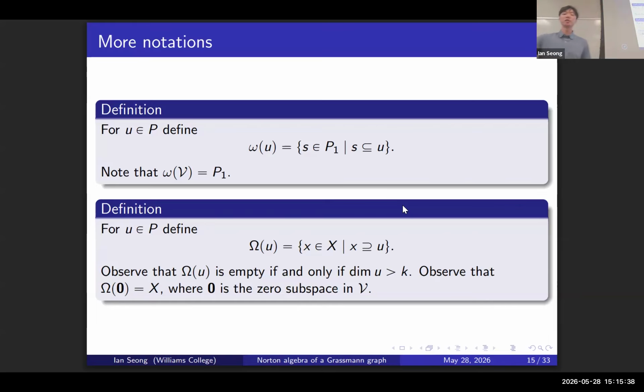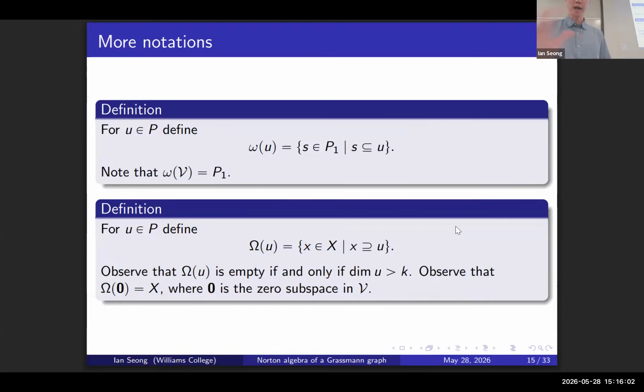Now the capital Omega of U is going to be the other way. If we grab a subspace U, the capital Omega of U is going to be all the vertices, i.e. all the k-dimensional subspaces that contain that subspace U. And if the dimension of U happens to be bigger than k, then we assume that the Omega of that is just empty.